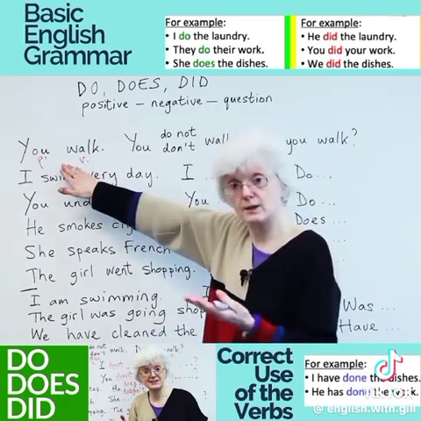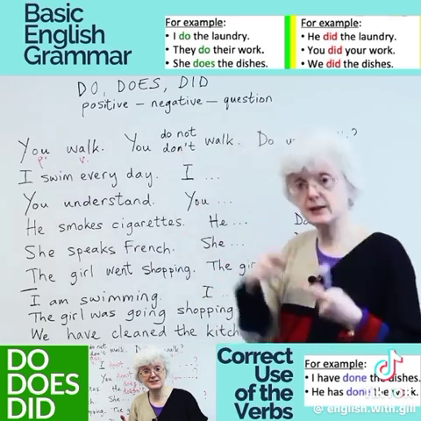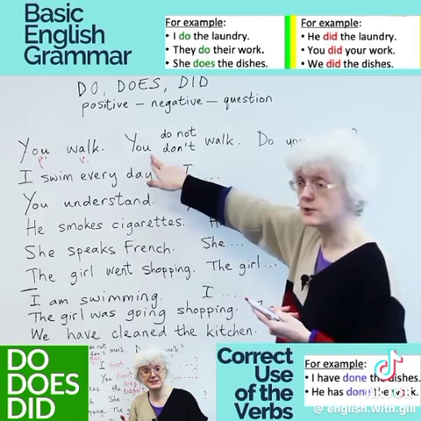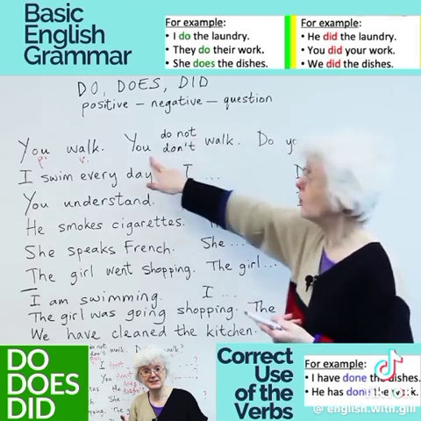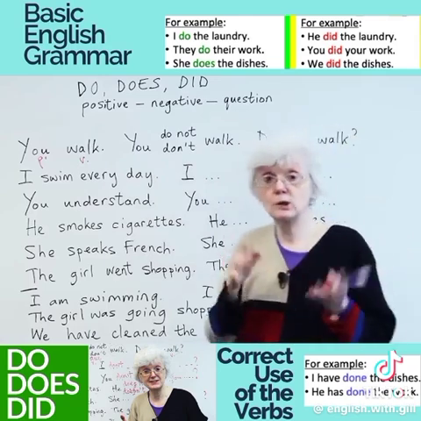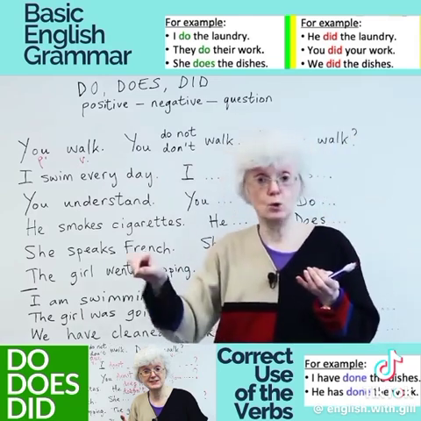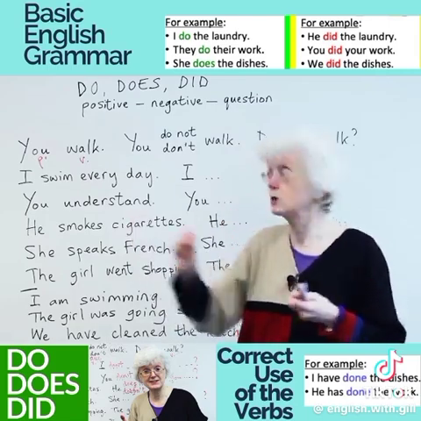So, you walk, simple present tense. If you turn that into the negative, it's you do not walk, or you don't walk. You can't just say you not walk. You have to use you do not walk.